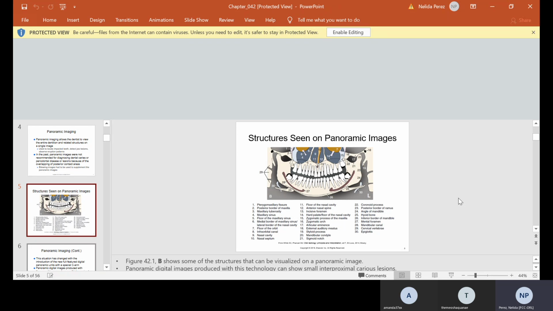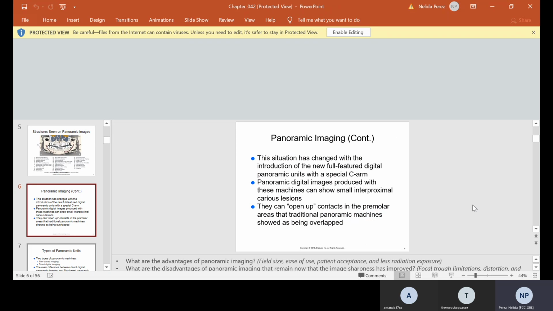Honestly, the most important things for you, because the rest is really for the doc to know better, are the sinuses, the jaw, knowing your right from your left, the impacted teeth and the missing teeth, and also restorations, which you were doing great with when we were reviewing this yesterday in class: what crowns are, root canals, missing teeth, fillings, amalgam versus composite. So that's already a plus for you, and you want to just keep that up.